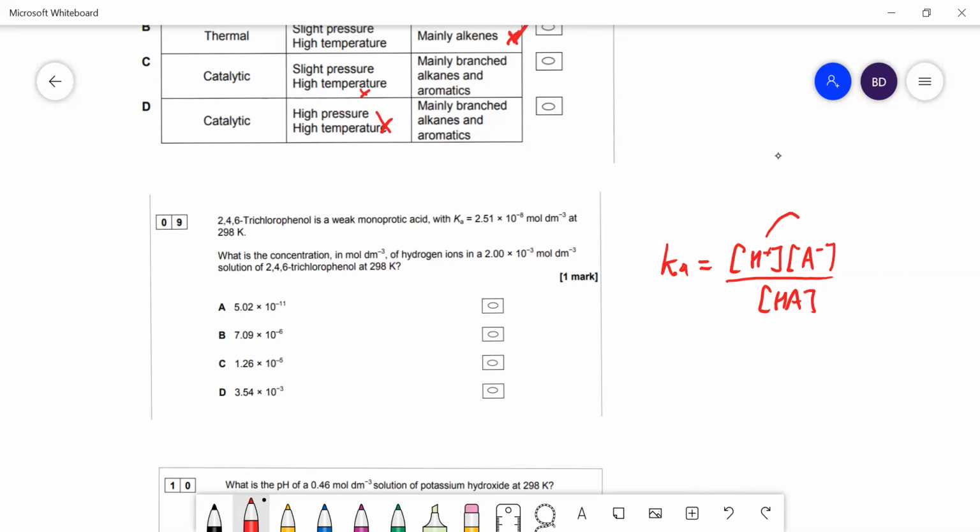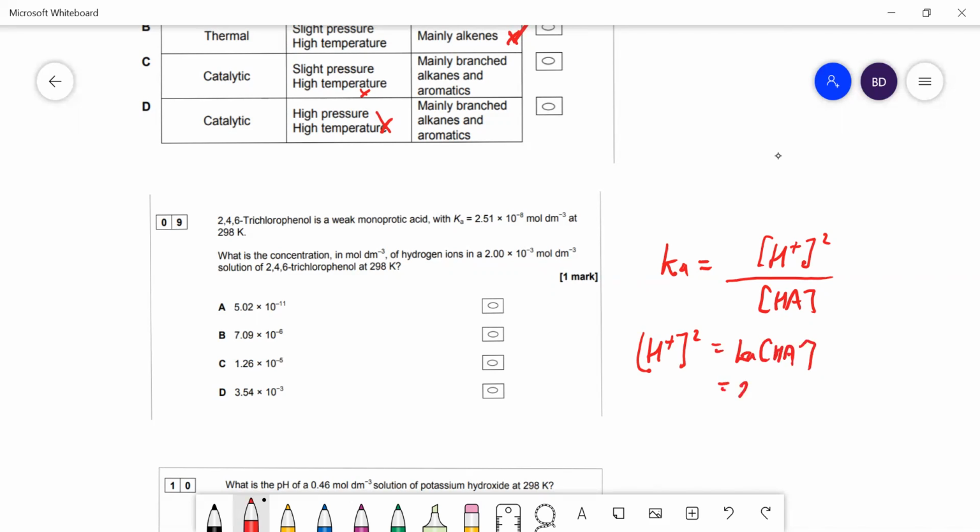Well, these two are equal in a weak acid, because you haven't added anything else to it, all the hydrogen ions come from dissociation. So that simplifies as H plus squared on the top there. So H plus squared is equal to Ka times HA.